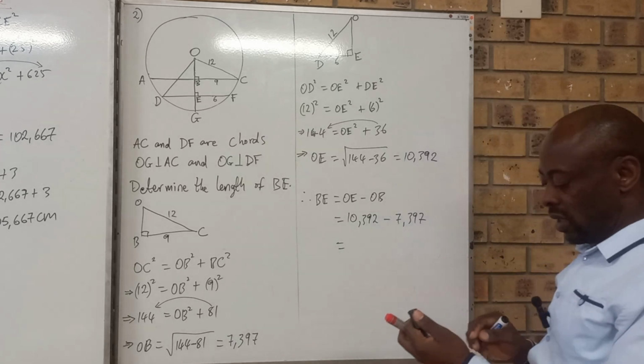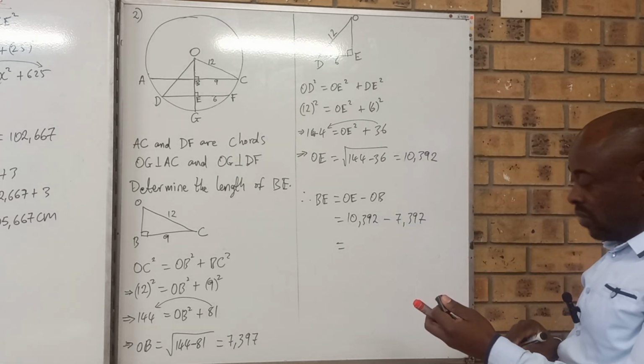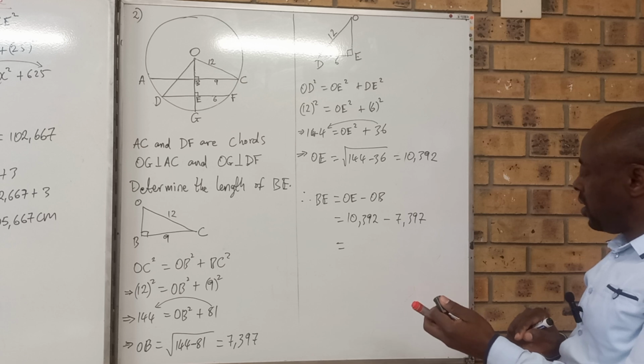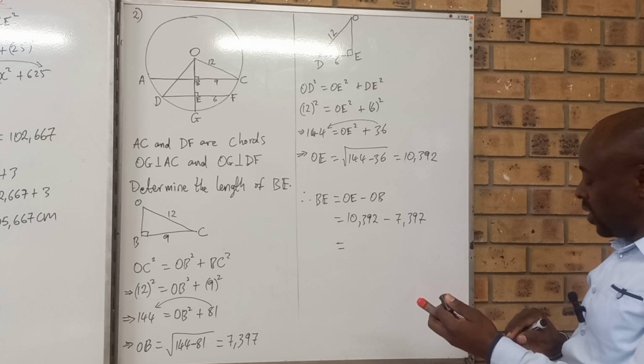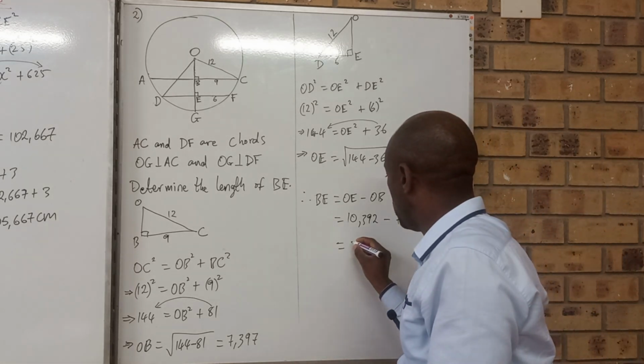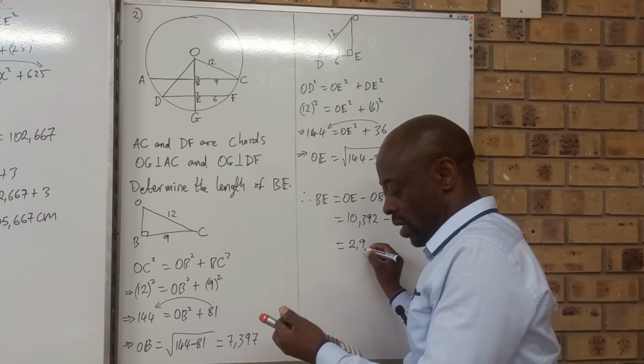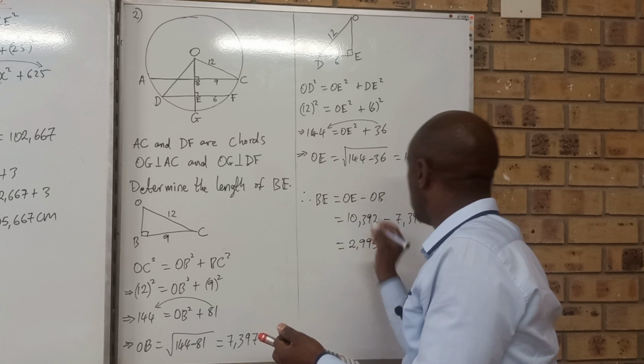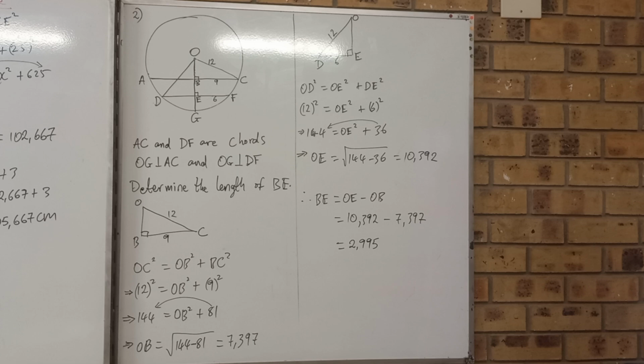So if we do this calculation, we should be able to see our BE. So this tells me that my BE is 2.455. So guys, that is how we apply that theorem of the circle.